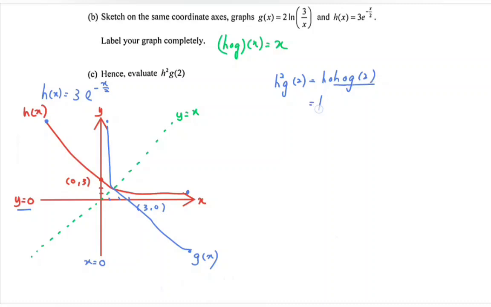So if h∘g(2), automatically x will become 2 as well. So kindly substitute into h: 3e^(-2/2). So we will have 3e^(-1) or 3/e. So that is h∘g(2).